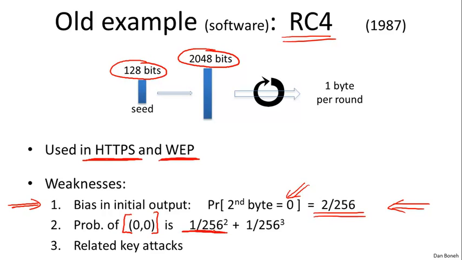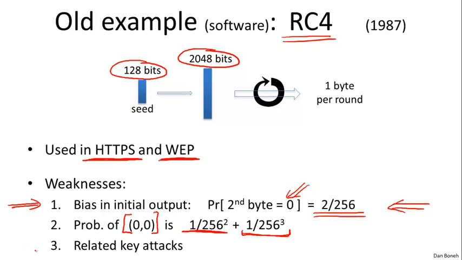It turns out RC4 is a little biased, and the bias is 1 over 256 cubed. This bias starts after several gigabytes of data are produced by RC4, but nevertheless this is something that can be used to predict the generator, and definitely it can be used to distinguish the output of the generator from a truly random sequence. Basically, the fact that 00, 0 appears more often than it should gives a distinguisher.